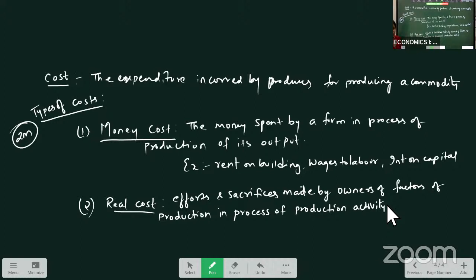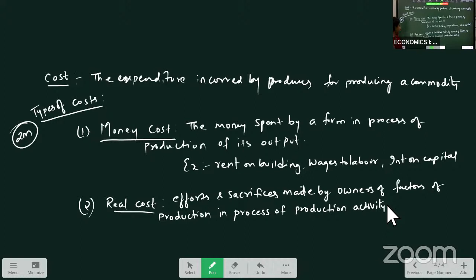They will sacrifice their time. They will put efforts in the production process. So that way, efforts and sacrifices made by the owners of factors of production in the process of production activity is called real cost.